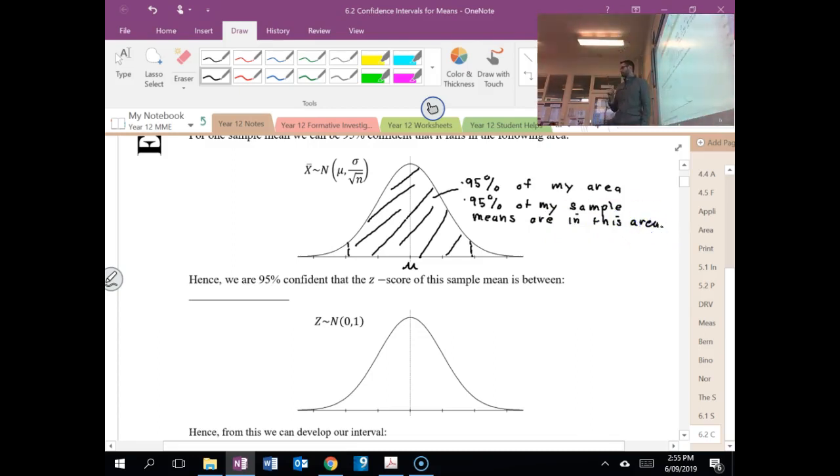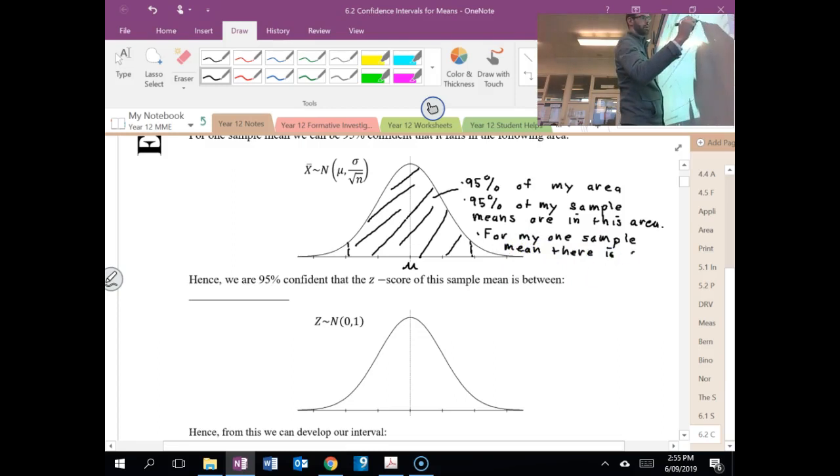Which means that for my one sample mean, there is a 95% chance it is in here. I cannot guarantee that my sample mean is in this region. I'm only 95% sure that it's in that region.